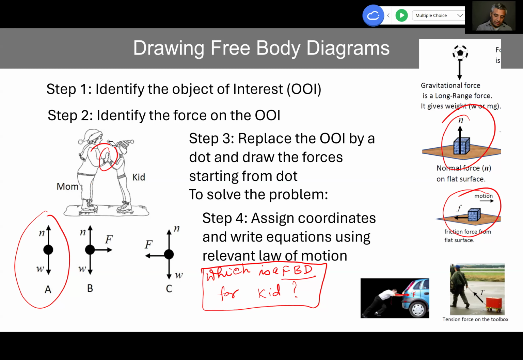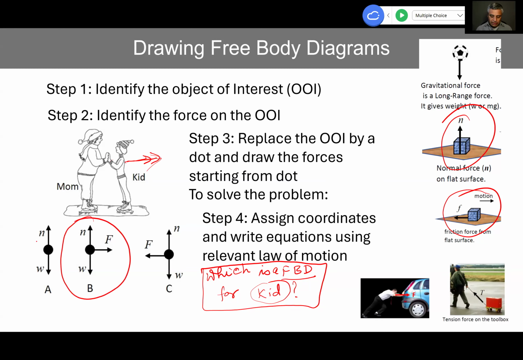Okay, so let's look at that then. Mom is pushing kid this way. So this is the force from mom, pushing kid this way, and this is the free body diagram of kid. So this force acts to the right.